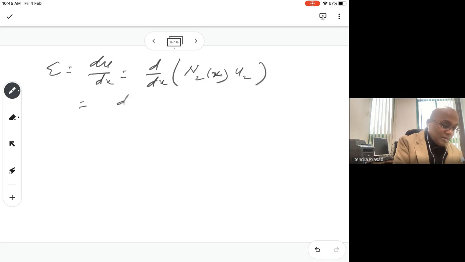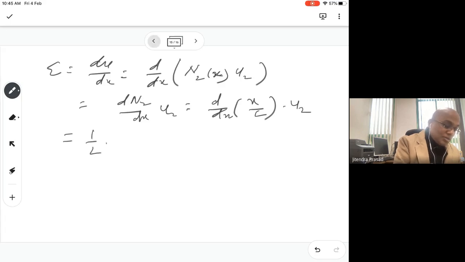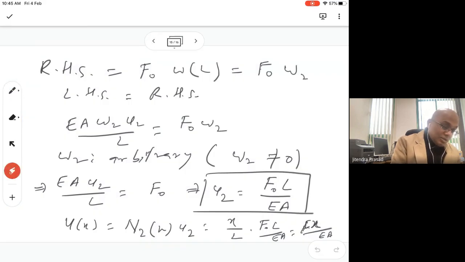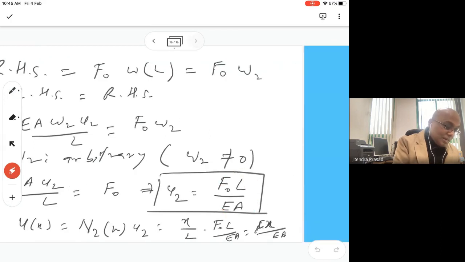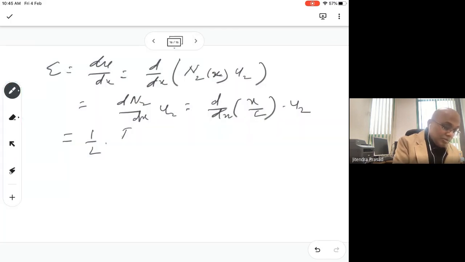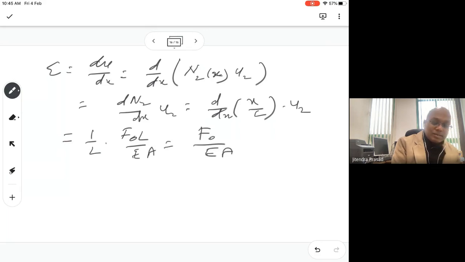So you have dn2 over dx times u2, and n2 is nothing but x over L multiplied by u2. So you get 1 over L times u2, and u2 is F naught L over EA. So you get F naught over EA as a strain.